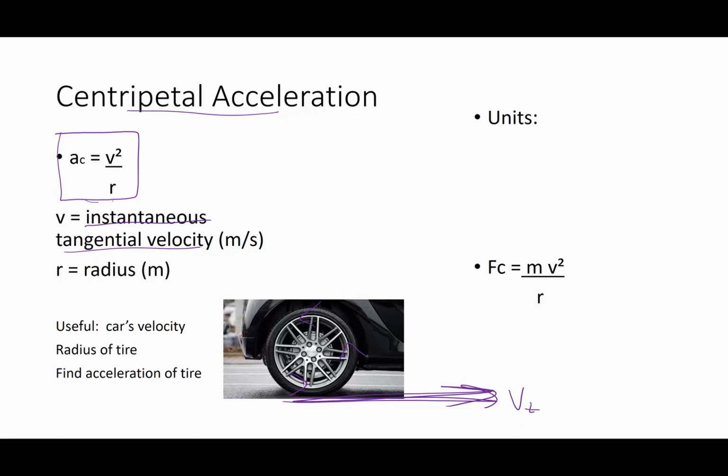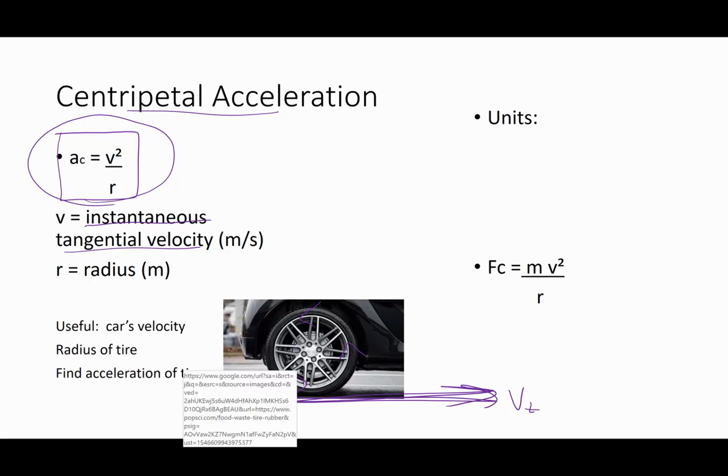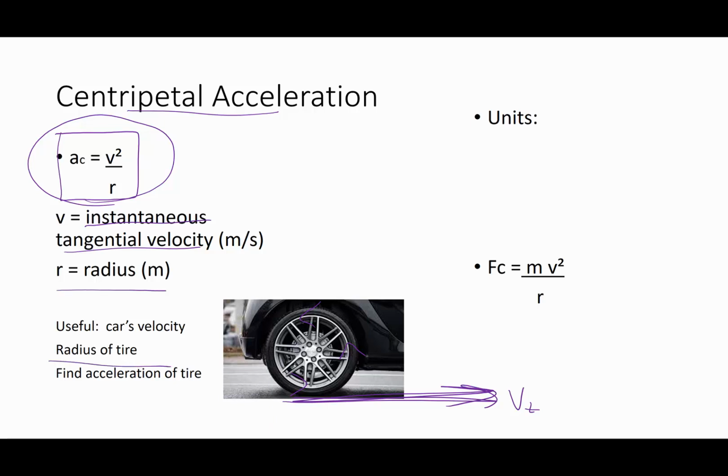Where is this equation really useful? Let's say you've got an object like a car tire, and it is spinning round and round and round. If you know the radius of rotation, r, and you know the speed, well, what's the instantaneous tangential velocity in a car? It's going to be however many miles per hour are on your car odometer or speedometer. Then you can calculate the rate of acceleration on that vehicle.